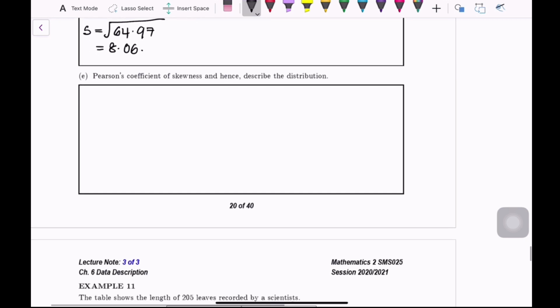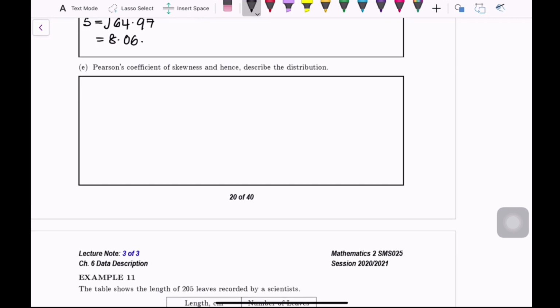E. Find Pearson's coefficient of skewness and hence describe the distribution. For Pearson's coefficient of skewness, Sk, the formula is 3 times the mean minus the median over the standard deviation.